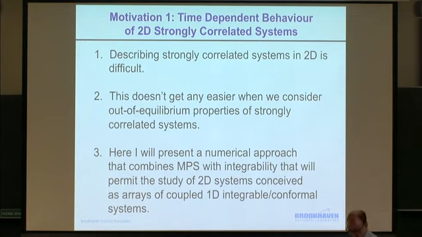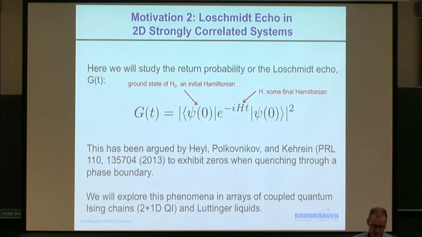Now, part of the talk is methodological. The other part of the talk will be applying this methodology to studying the Loschmidt echo in various 2D systems. We've heard this quantity mentioned a couple times over the last few days, but here I'll give it for completeness.